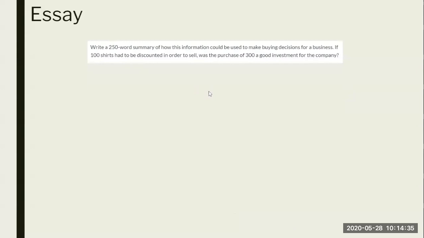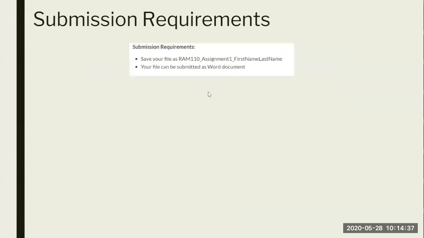So you'll have to give your thoughts here on that. We do ask that when you submit your assignment this week that you name it under this filing pattern, RAM110 underscore assignment 1 underscore your first and last name. So mine would be RAM110 underscore assignment 1 underscore Marissa May, and then you can submit it as a Word document.